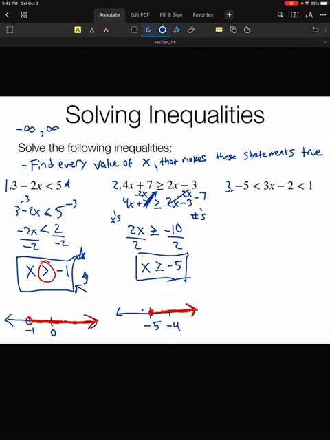Now let's move on to number 3. Number 3 is a little bit different because it's having x be between two numbers, and so the arithmetic that you do is a little bit different.